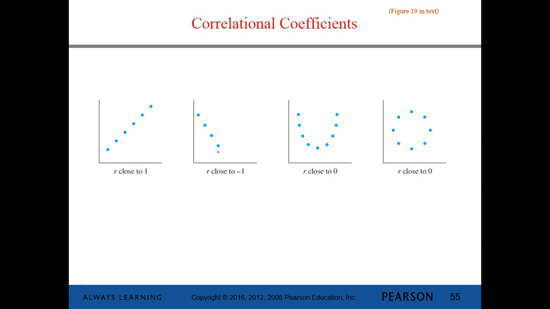Look at this one. This is again a very linear relationship, but it's a negative slope, so the correlation coefficient is going to be close to -1. Here, these two are nonlinear relationships. So because R only measures linear relationship, both of these are going to be very, very, very close to 0. Okay?